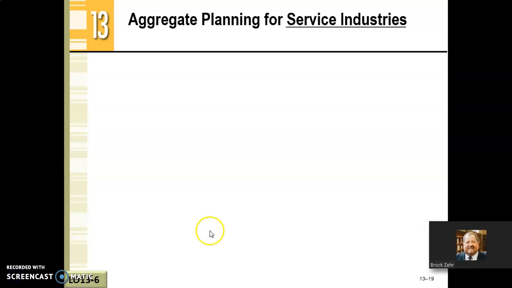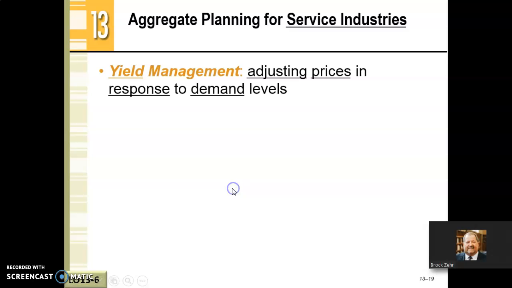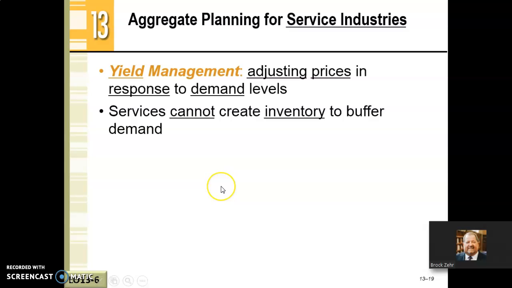So with the level, chase, and hybrid models, we're mainly talking about manufacturing, but you could do aggregate planning for service industries. And with service industries, there's a term called yield management, where we basically adjust prices in response to demand levels. And the reason we do that, you can't inventory services. You can't inventory a haircut.